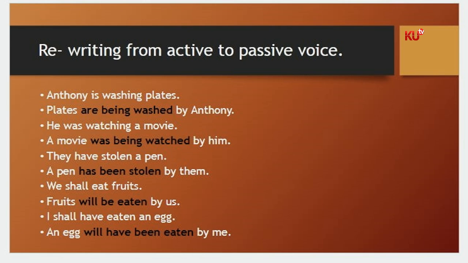Now we have something unique here. They changes to them. Why? Just like in sentence number 2, he was watching a movie, he changes to him. That's because initially that pronoun had taken the place of a subject. Now when it takes the place of an object, it changes from a subjective pronoun to an objective pronoun.